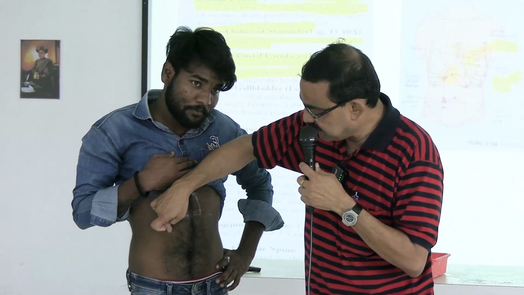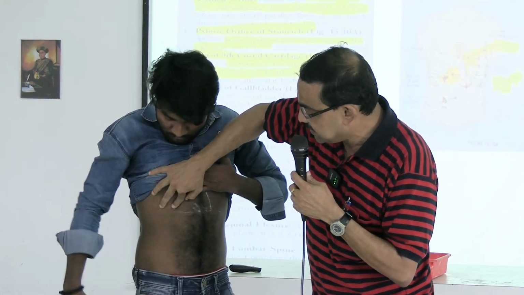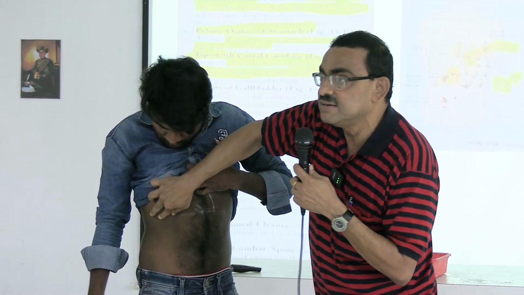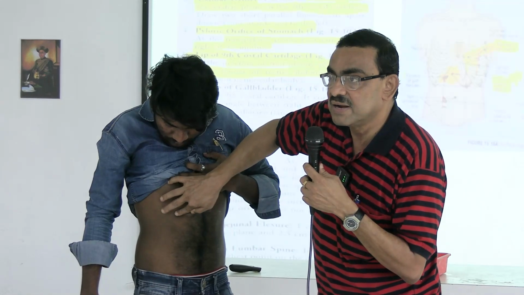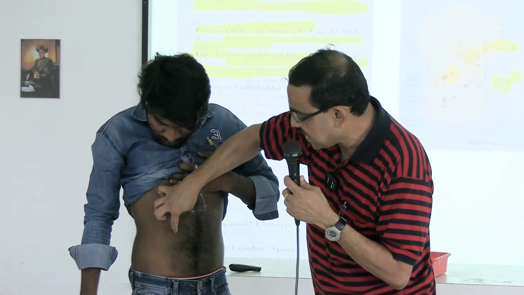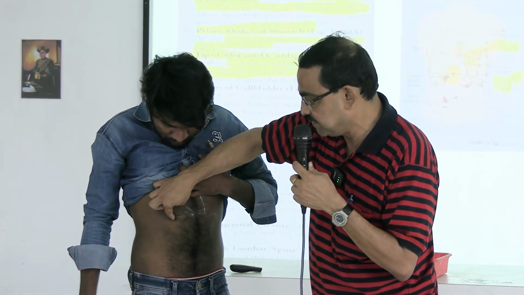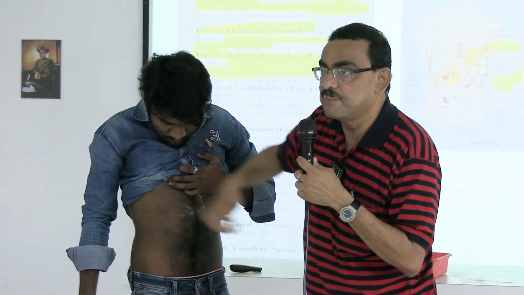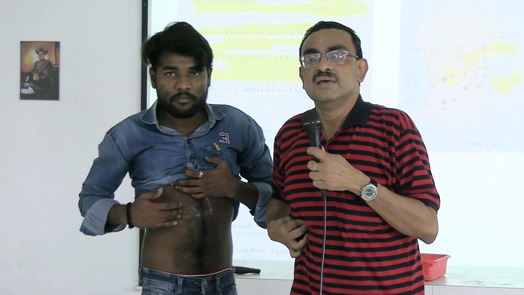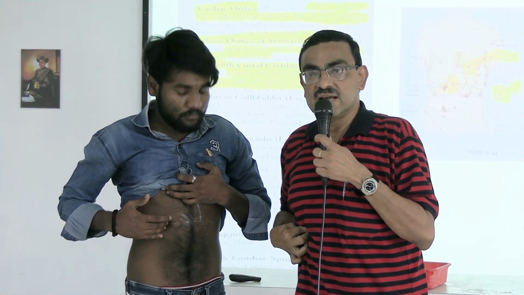Okay, and I can also feel the costal margin, right costal margin. The junction between the right costal margin and the right border of the rectus abdominis muscle, this is the point. Here we can feel the tip of the ninth costal cartilage.